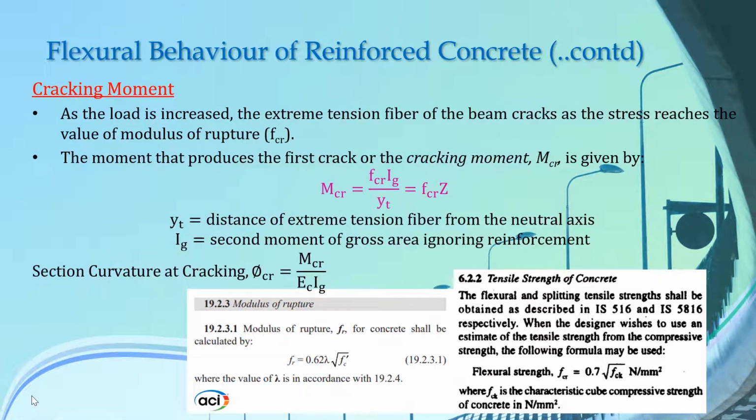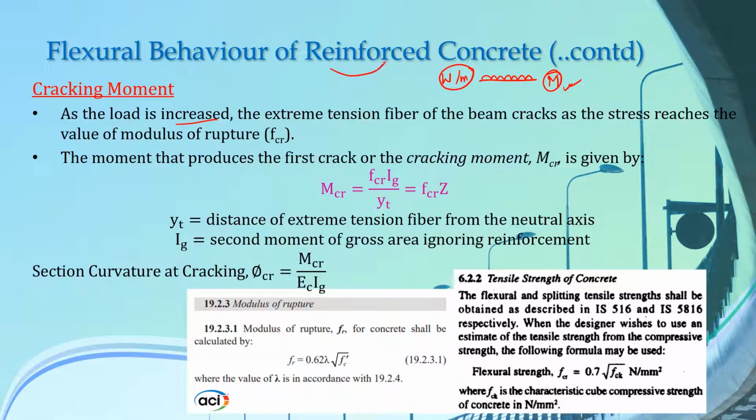Now let's look at cracking moment. As we gradually increase the value of the uniformly distributed load that was acting in our previous beam here, the value of this moment that is induced in our beam also increases. So let's see here, as the load is increased, the extreme tension fiber of the beam cracks as the stress reaches the value of modulus of rupture.